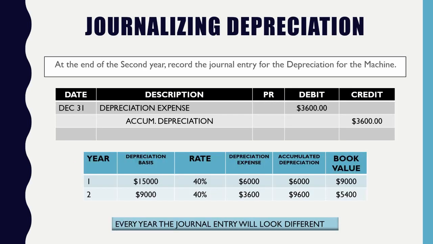And then for the second year, same thing. Here's your table. We already solved for it. Your depreciation expense for the second year is $3,600. So again, what you're going to notice is that every year your depreciation adjustment entry will change because of the way that you're calculating it. Okay.